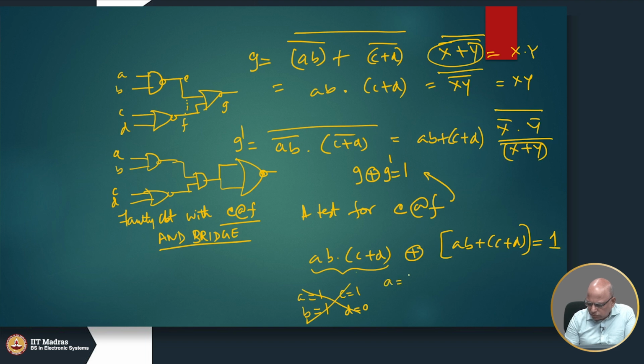Let us try A equal to 0 and B equal to 1, and C and D both 0. But this will also become 0, isn't it? A dot B will become 0, and C plus D is also 0.